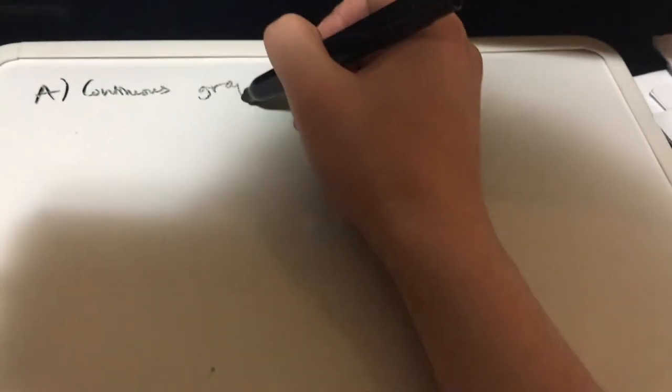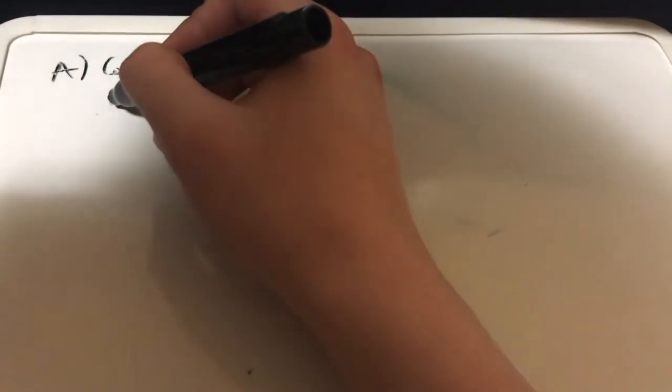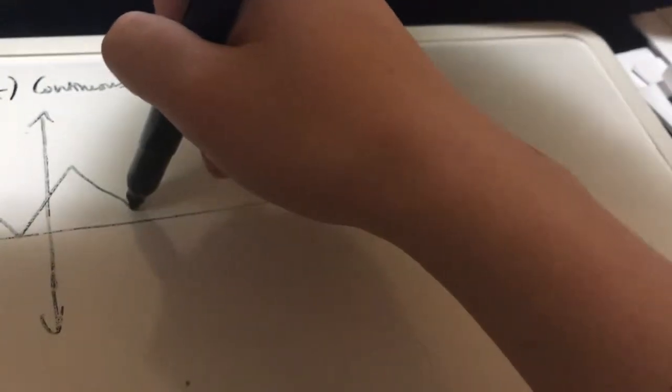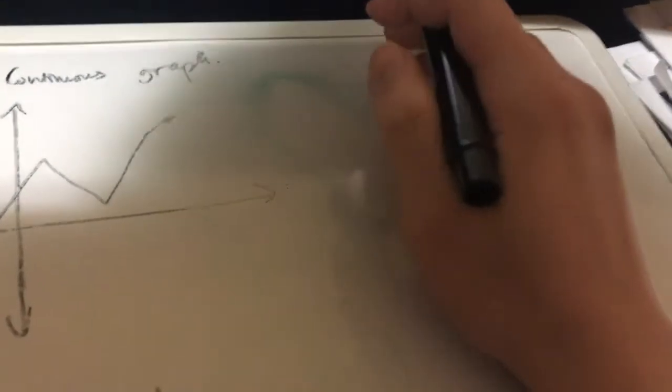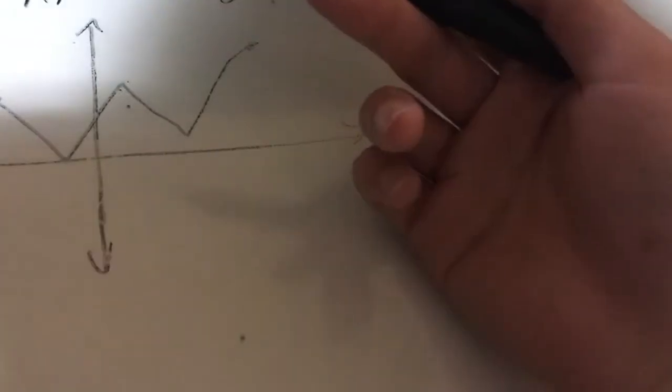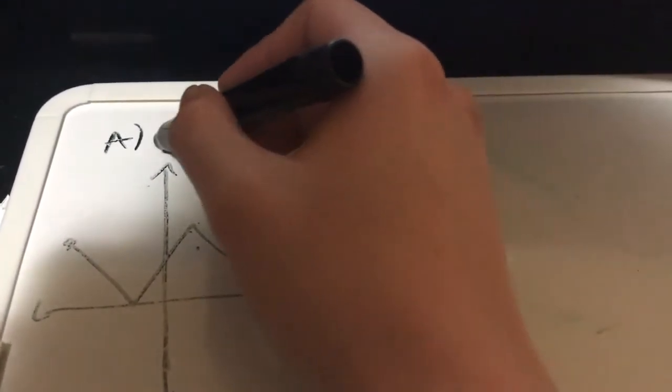So, the continuous graph. What I can draw for you is that you can imagine there is a graph in here, and maybe it goes up and down like this, but if they don't break away, or they don't have a space, and they just need to join together, then it's got to be a continuous graph.